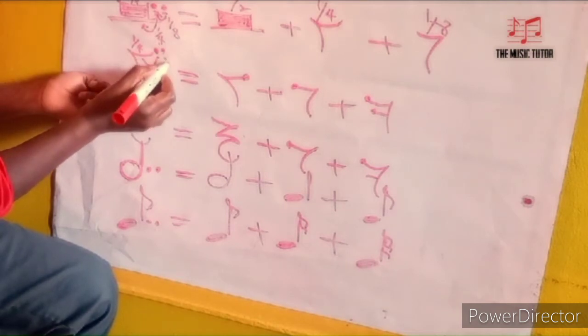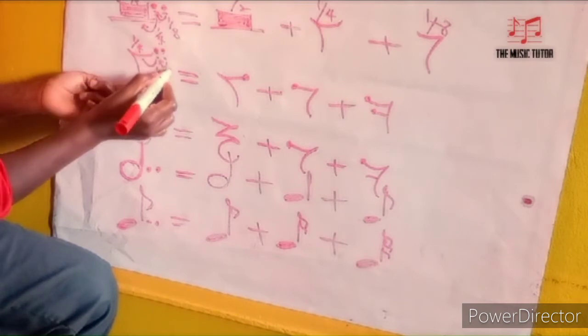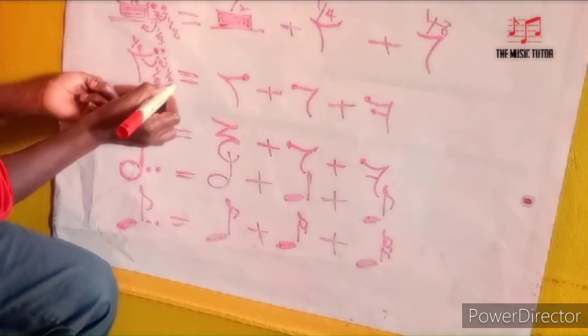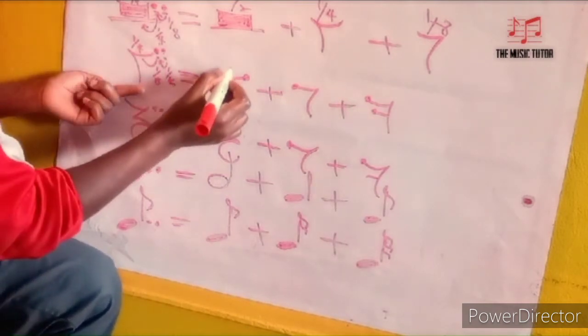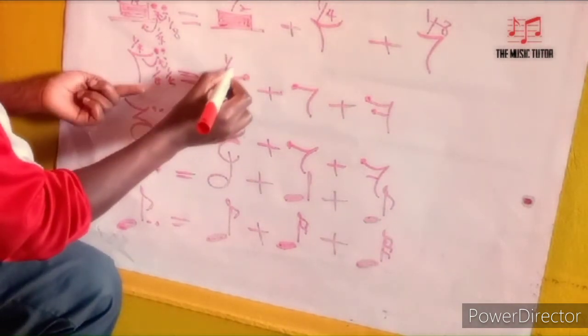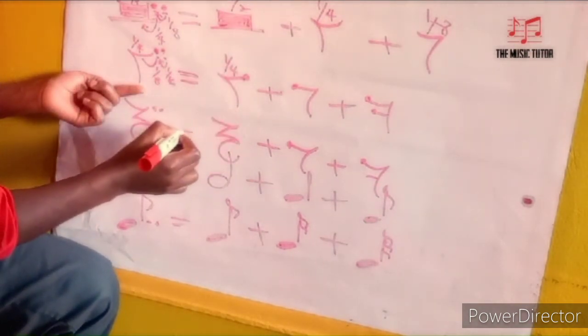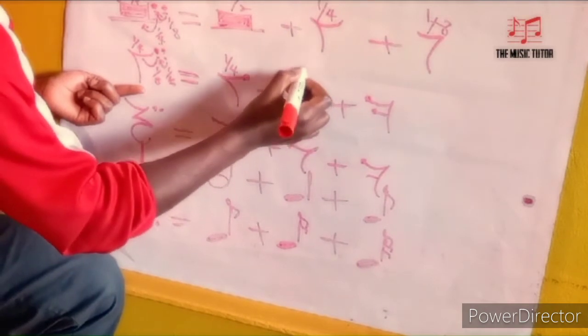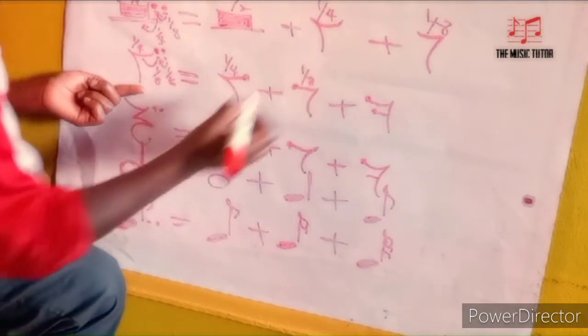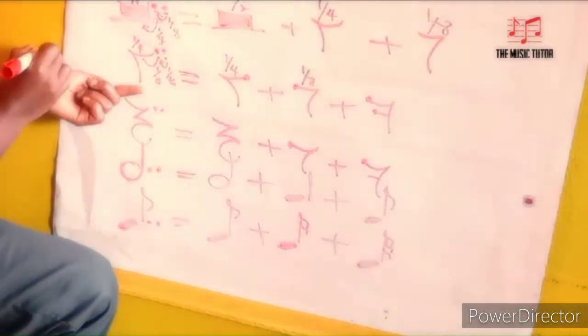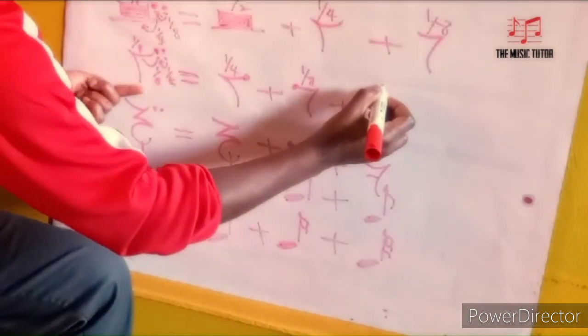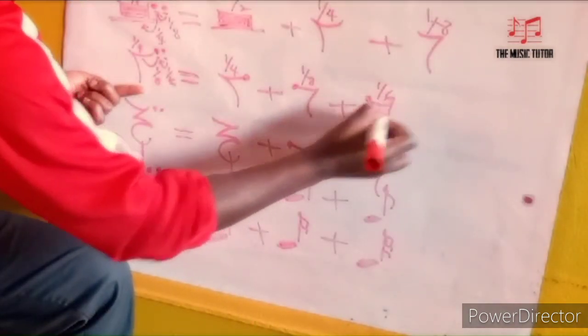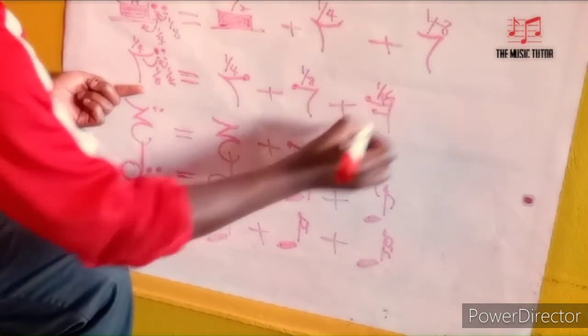This second dot will carry half the value of the preceding dot, which will be a 16th. Meaning this will give us a quarter, which is a crotchet, an eighth, which is a quaver, and a 16th, which is a semiquaver.